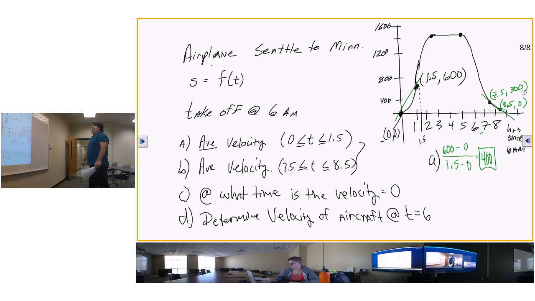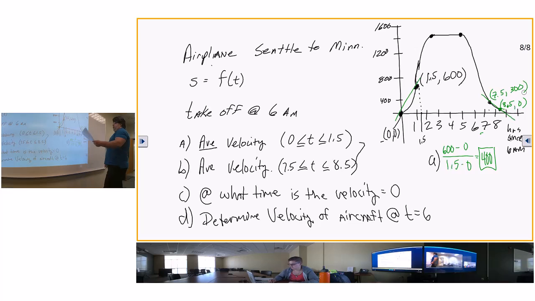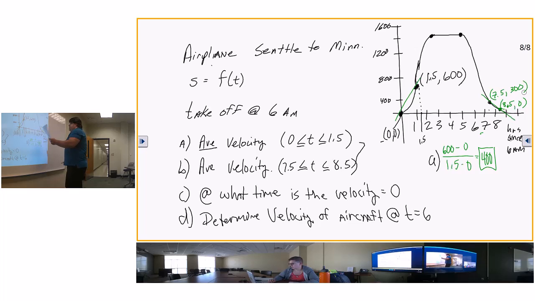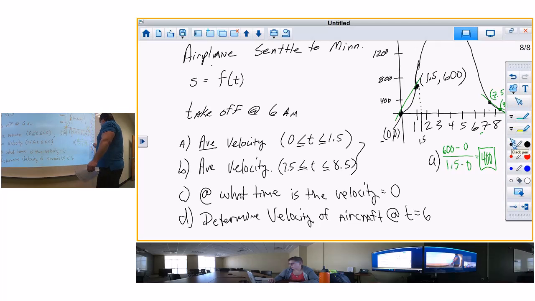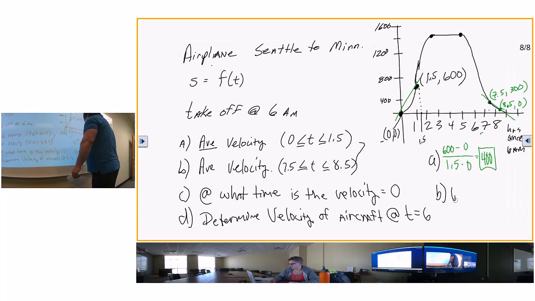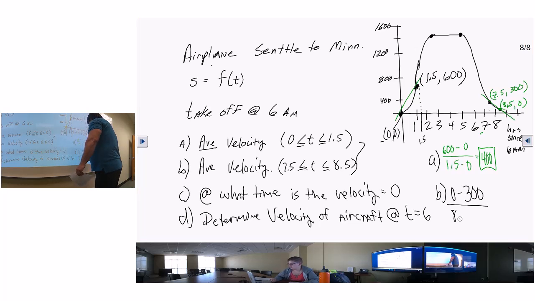So 300 minus 0 is 300, or 0 minus 300. So B is 0 minus 300 over 8.5 minus 7.5. And of course, you come out with what? Negative 300.